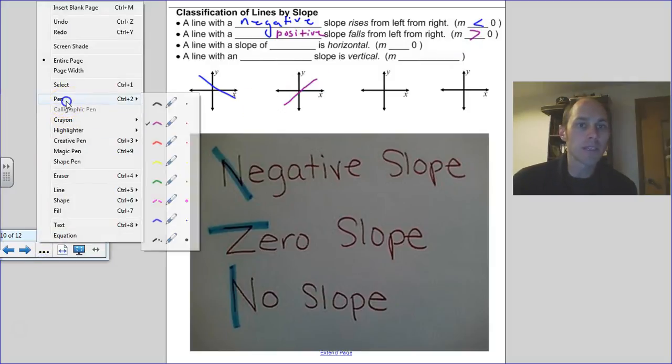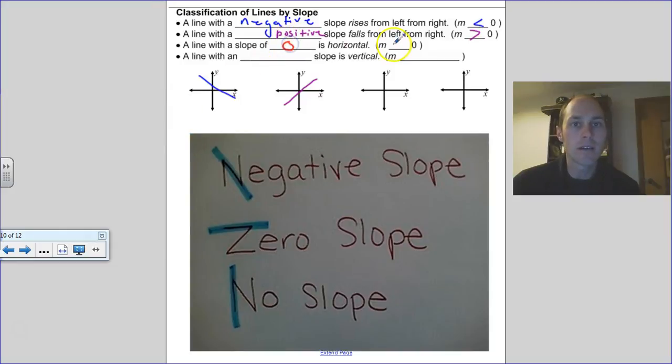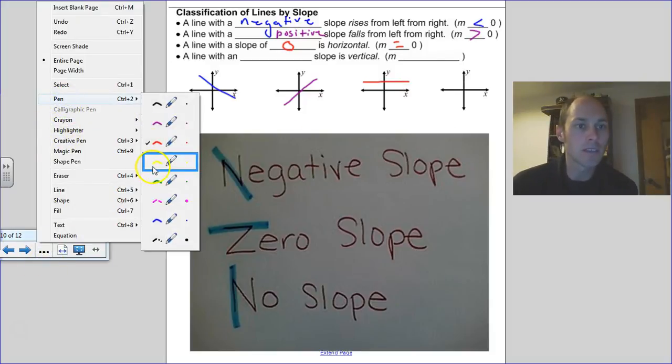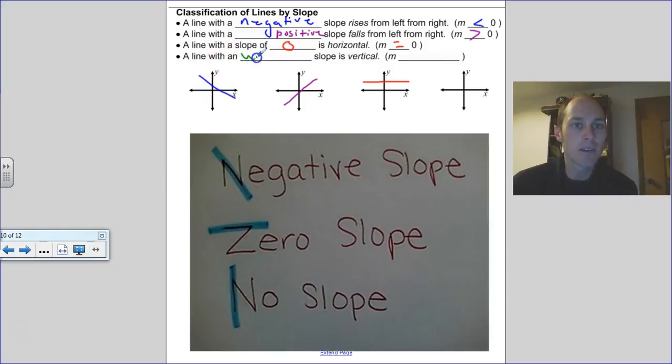We talked about slopes of 0 being horizontal, that flat line. And then the undefined slope we mentioned is vertical, because m is undefined since we can't divide by 0. So in that case we have that vertical line.